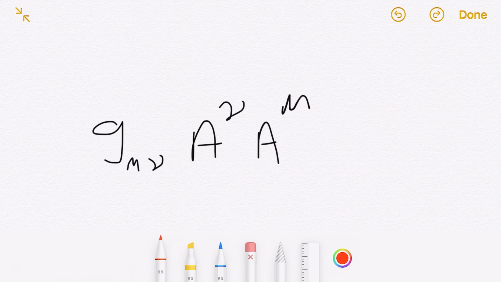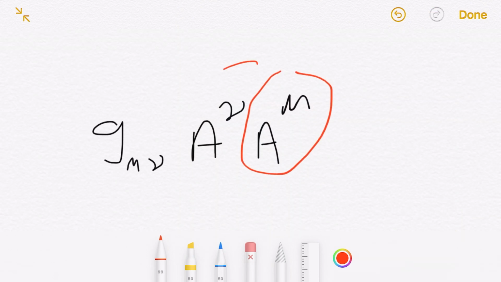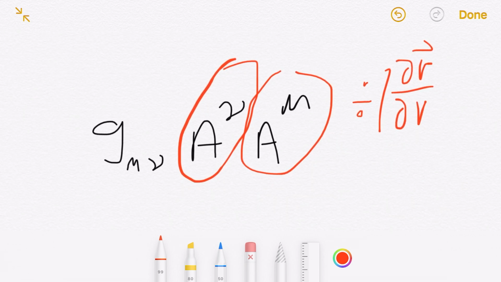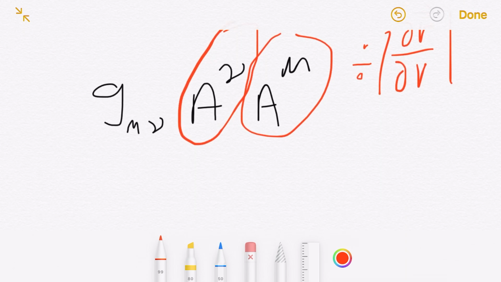So this is the dot product, and the contravariant vector components are going to be scaled down by the magnitude of their basis vectors. So this is the basis vector, and it's scaled down by the magnitude of the basis vectors.